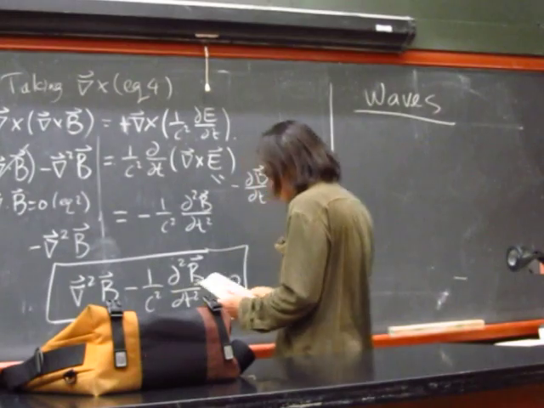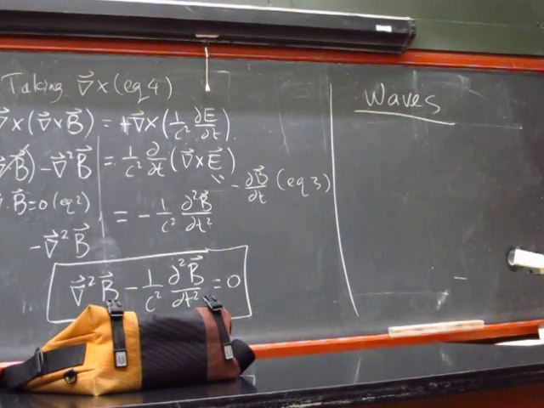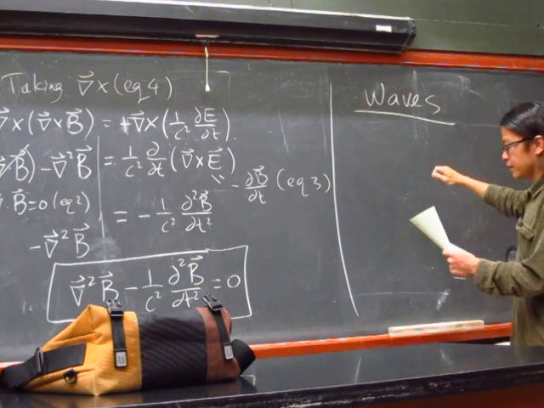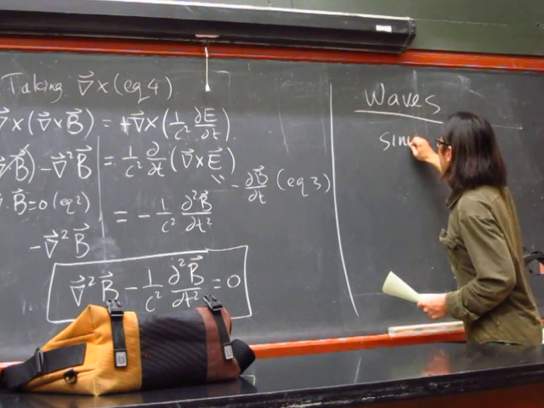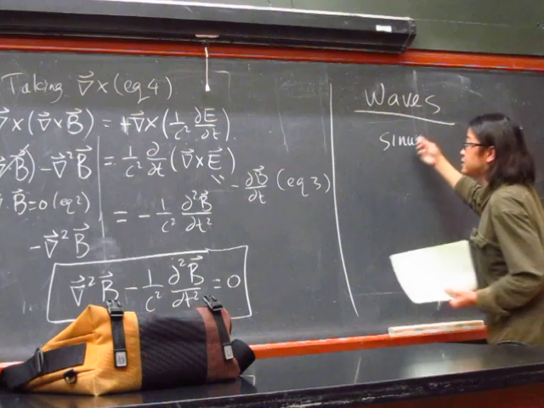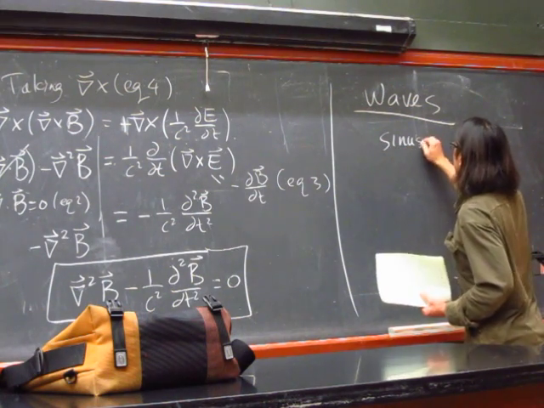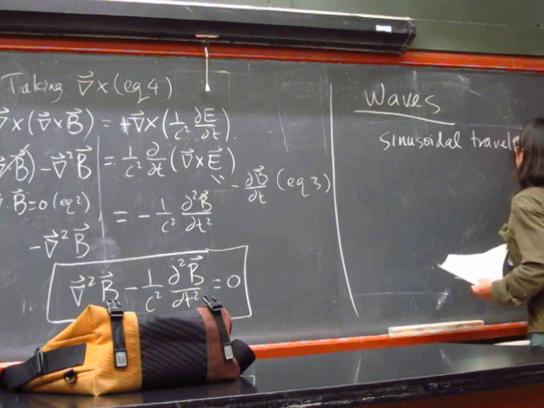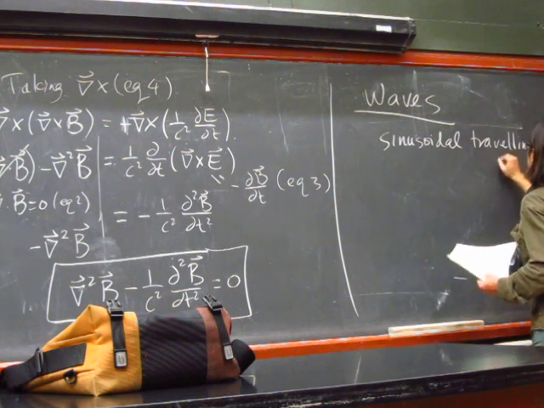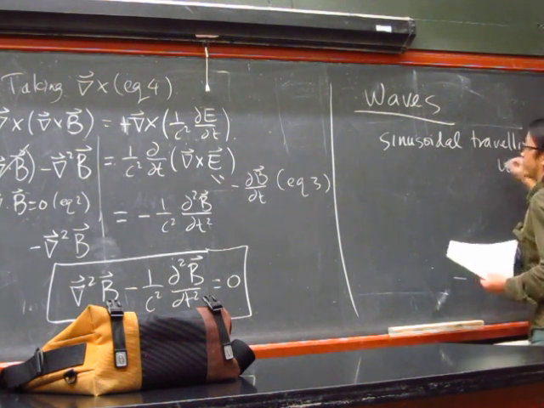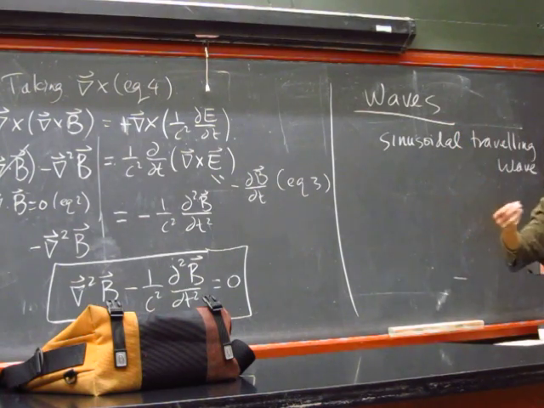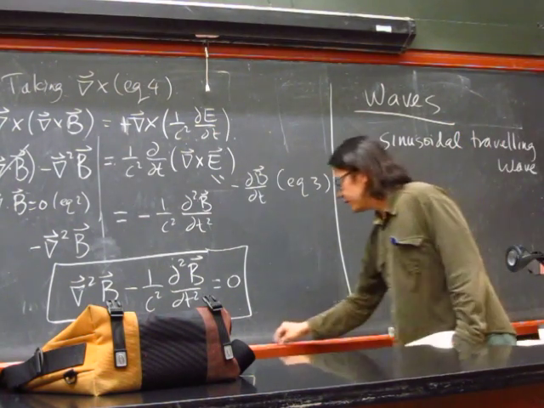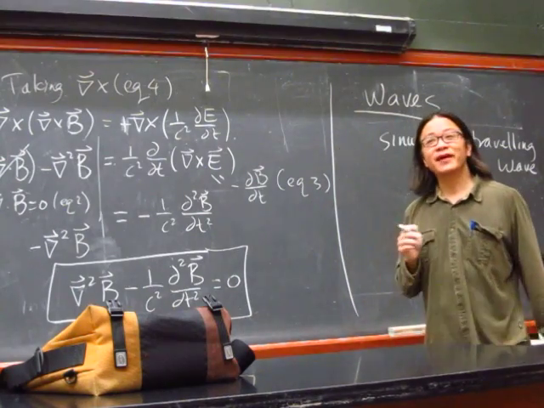So, in particular, just to be specific without lots of generality, consider a sinusoidal traveling wave. It doesn't have to be this. If you studied mechanics, did you do waves in mechanics in 7A?